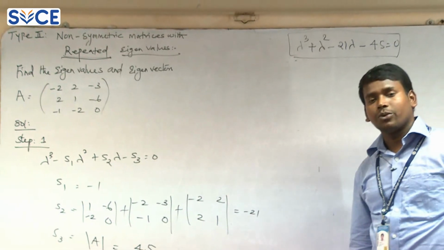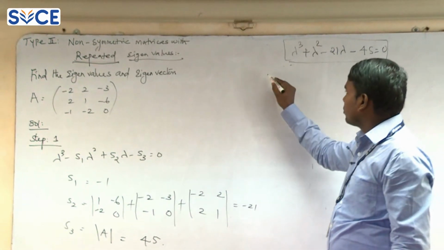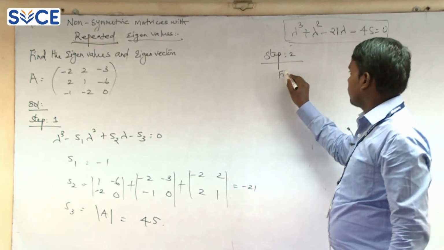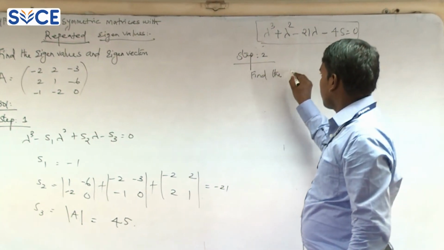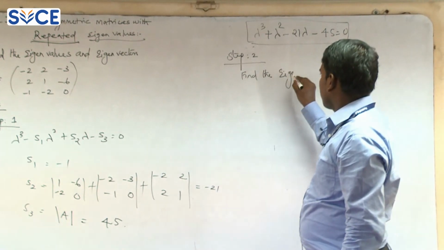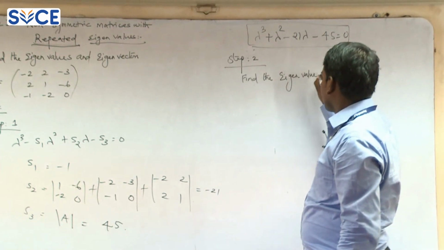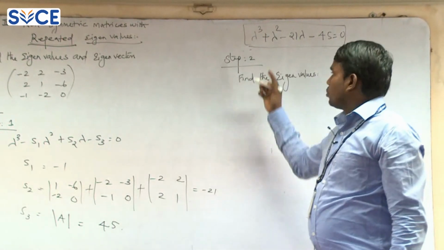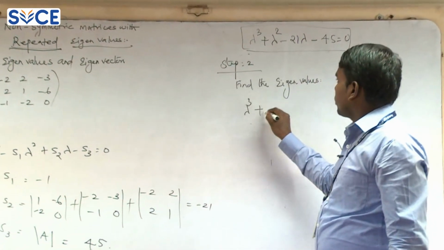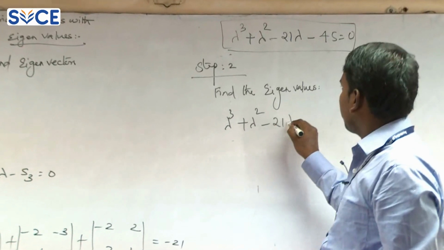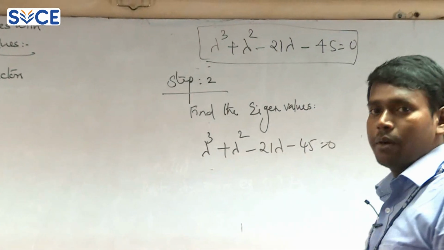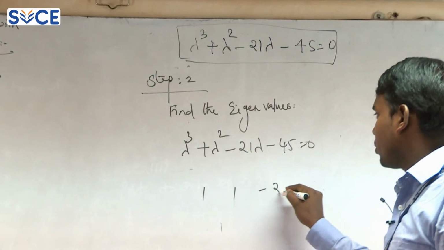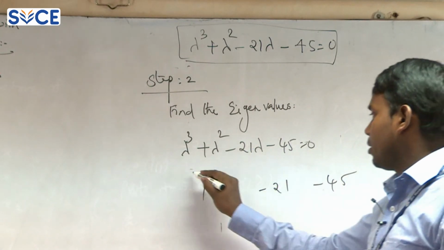Now, step 2, find the eigenvalues. Given lambda cube plus lambda square minus 21 lambda minus 45 equals 0. By the synthetic division method, we write 1, 1, minus 21, minus 45.